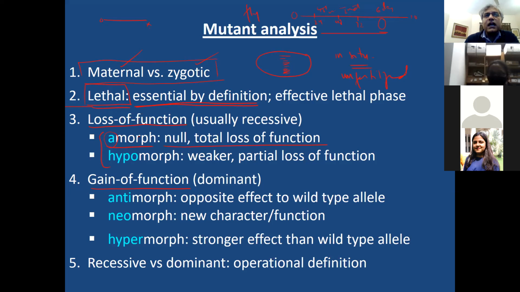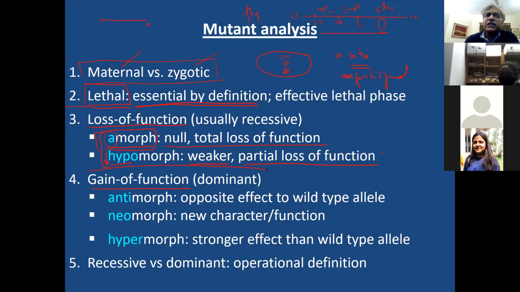The other is hypomorph. Hypo means reduced, less. The gene is there, but it's weaker, a partial loss of function. Maybe it's still able to do 50% or 25% of its function, but the gene is there. Hypomorphs are usually weak mutations, and amorphs or null mutations are very strong loss of function mutations.